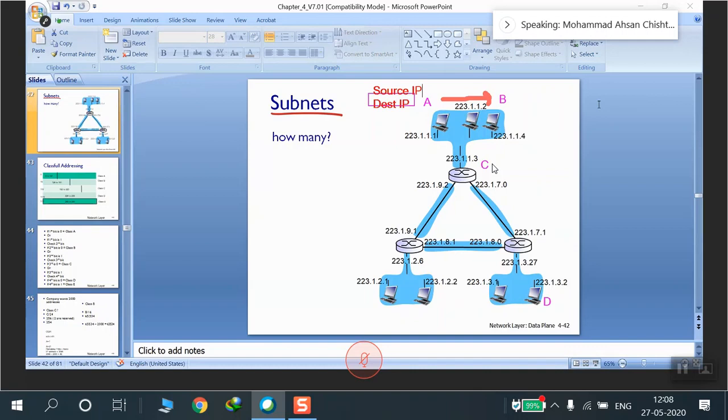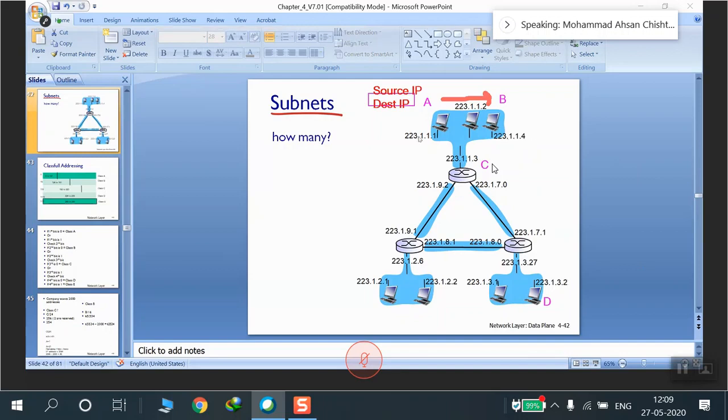The destination IP address is 223.1.1.4.